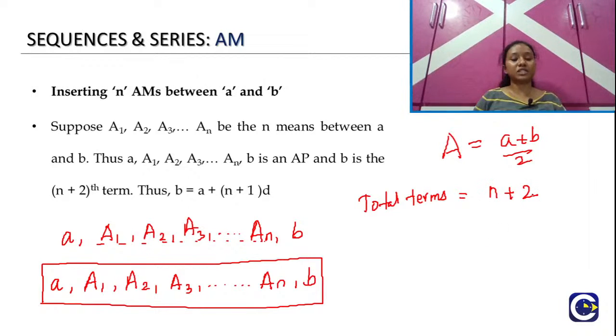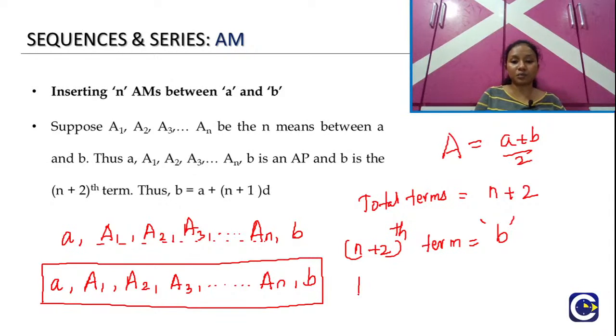The total terms here will be n plus 2, the first term is a and the last term is b. So the (n plus 2)th term will be equal to b, because that is the last term. According to our arithmetic progression, it will be equal to a plus (n plus 2 minus 1) into the common difference.